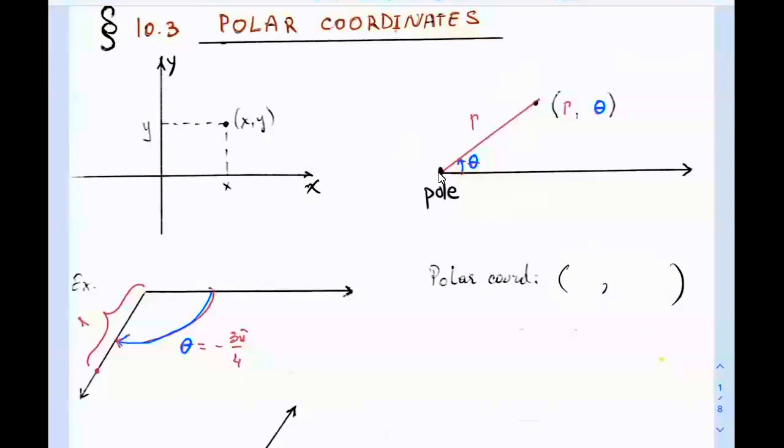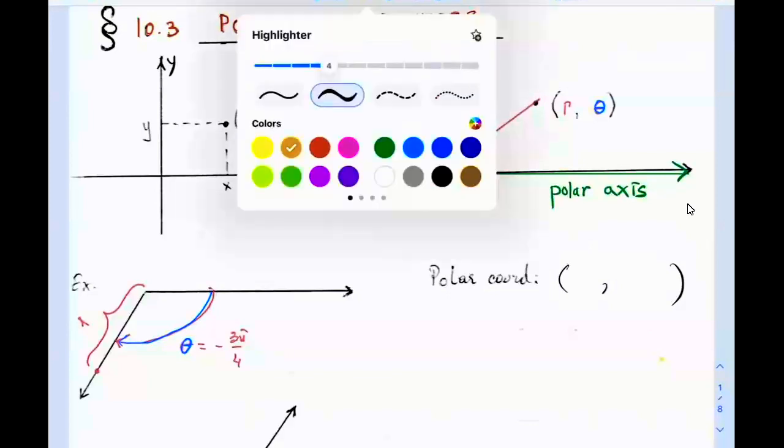And this axis that used to be the positive x-axis, we're now going to call the polar axis. So it consists of two things: the pole and the polar axis.